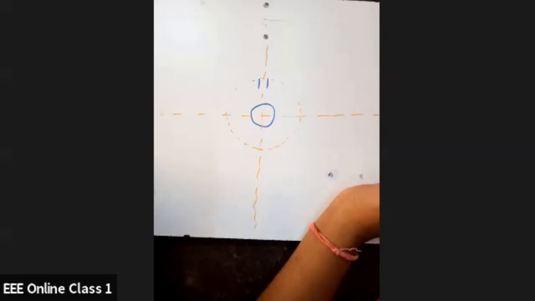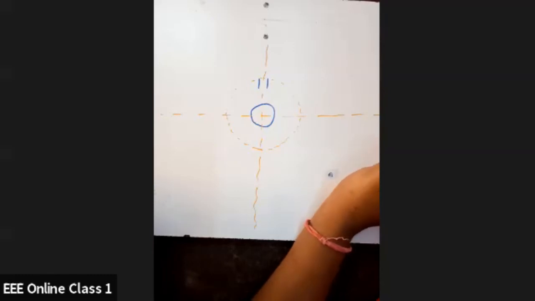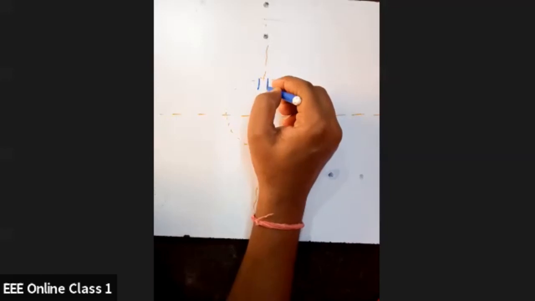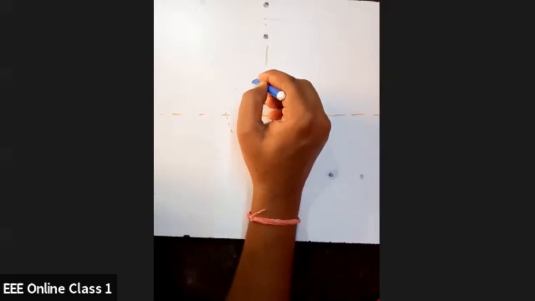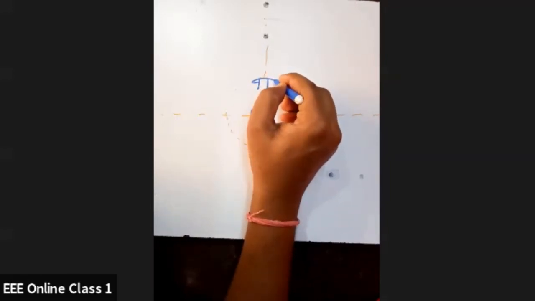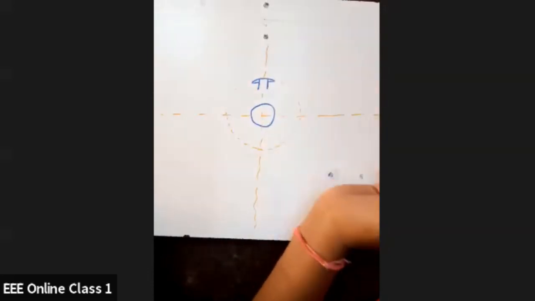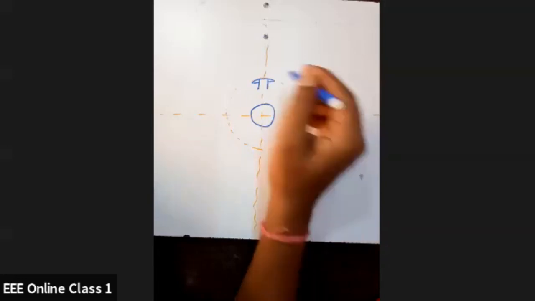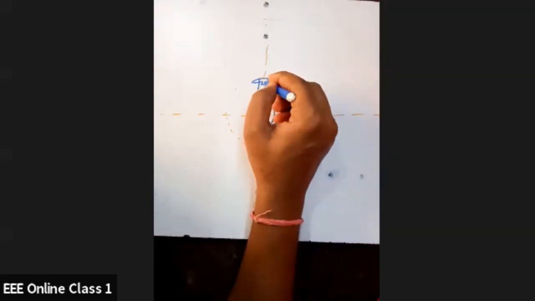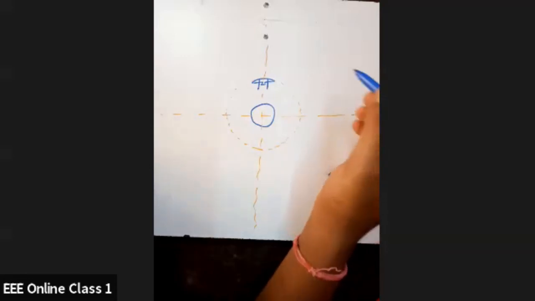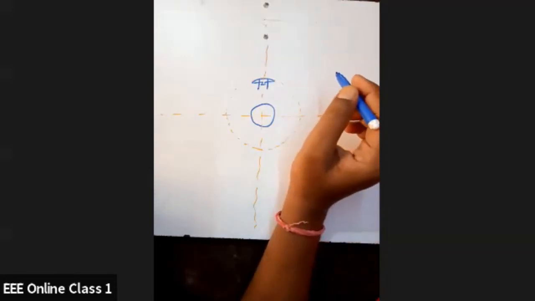draw a pole. Width of the pole is not given, only height of the pole is given. So I'll draw a pole like this, and I'll copy 10 times because there are 10 poles.